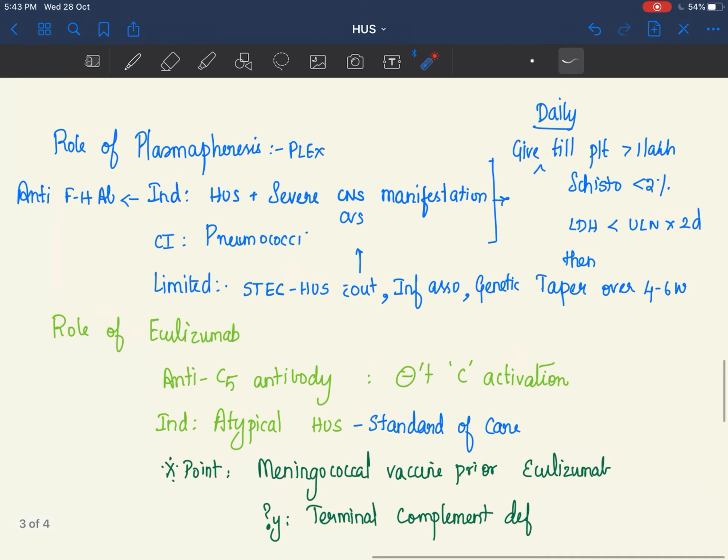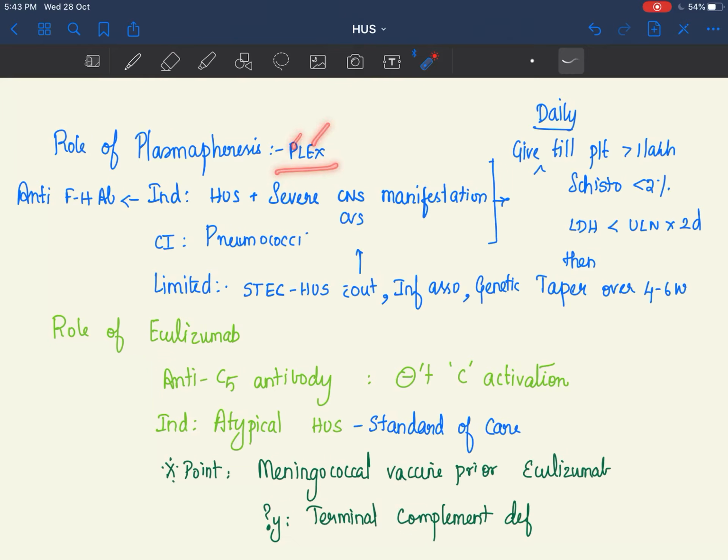What about plasmapheresis? Plasmapheresis, or PLEX, plasma exchange therapy, depends on whether the patient is anti-FH antibody present or anti-FH antibody negative. Both of them will require plasmapheresis. Generally it is for atypical HUS, and D plus HUS with severe or life threatening manifestations in the form of CNS or CVS manifestations.